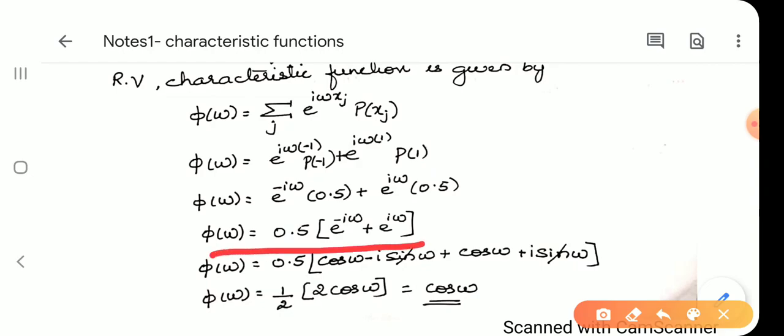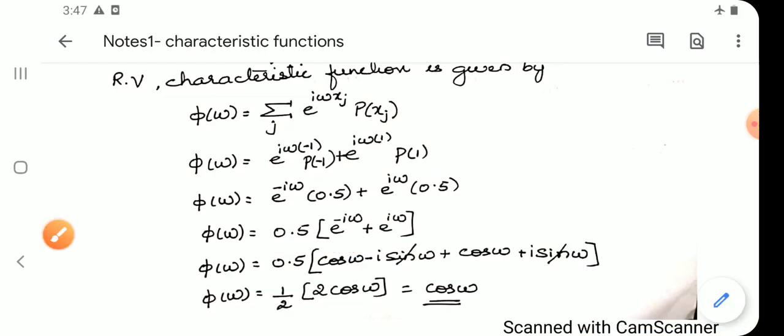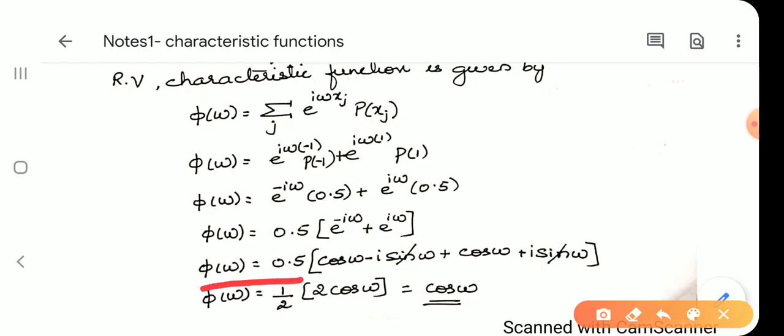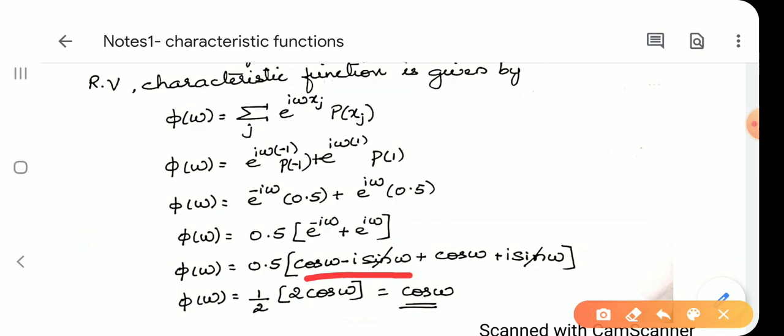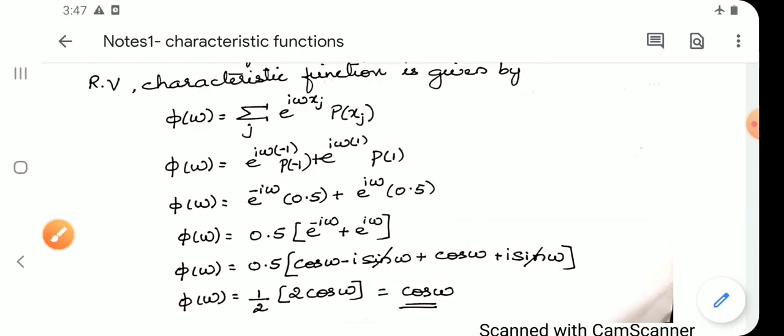If I take out 0.5 outside, I get phi of omega is equal to 0.5 into e power minus I omega plus e power I omega. Let us expand the terms inside the bracket. So we get phi of omega is equal to 0.5 into cos omega minus I sin omega, plus e power I omega becomes cos omega plus I sin omega.